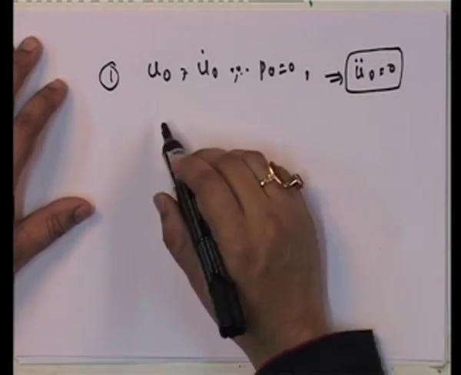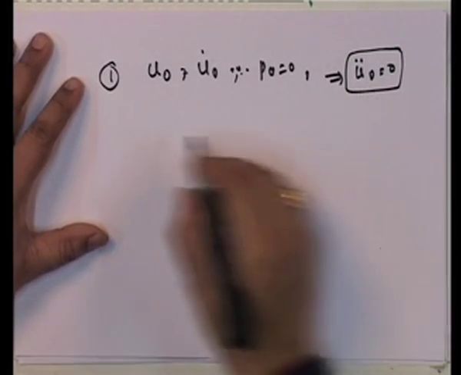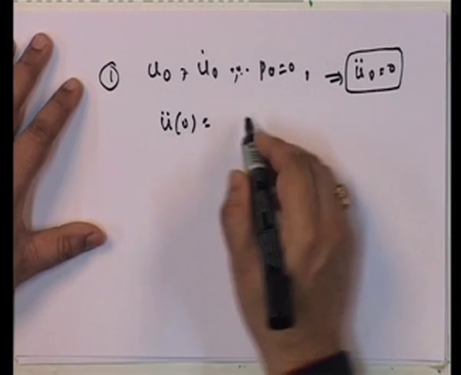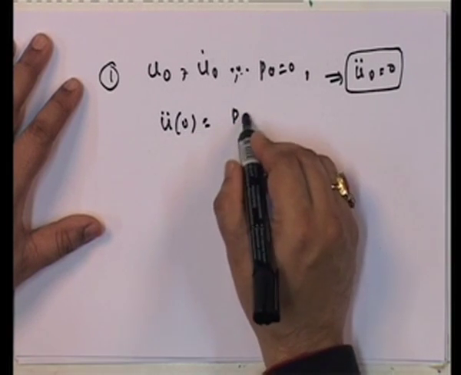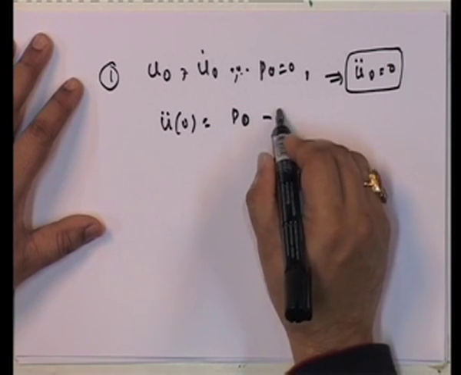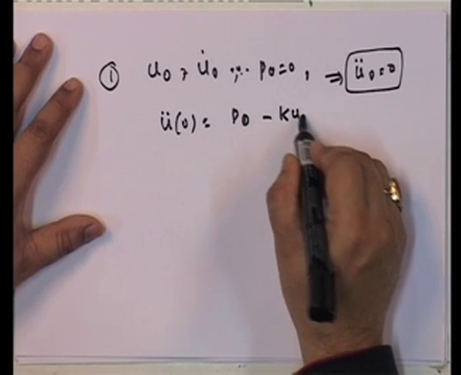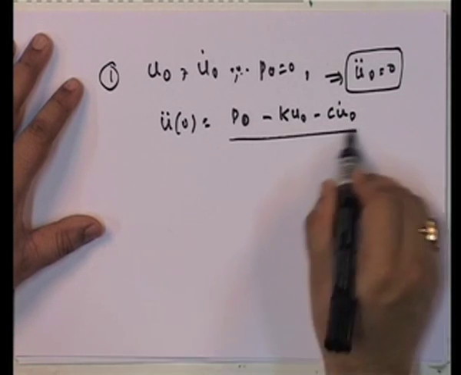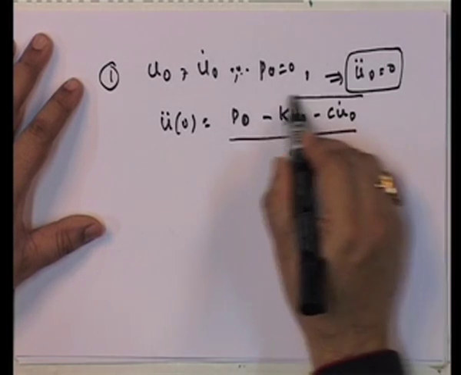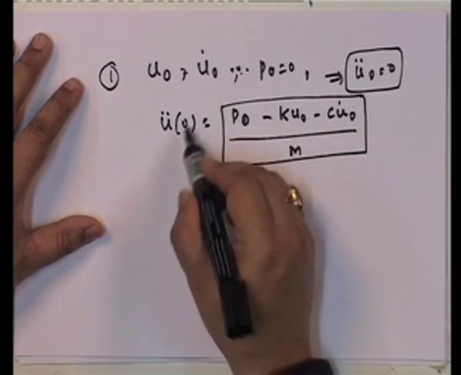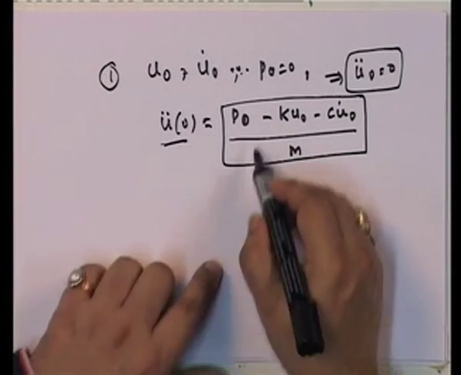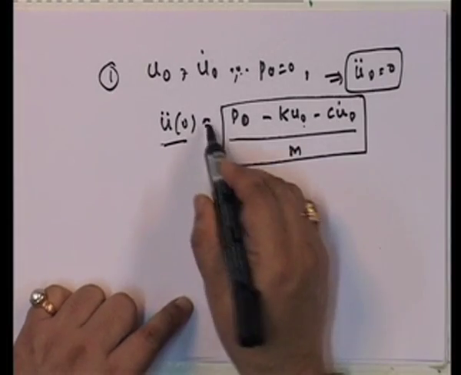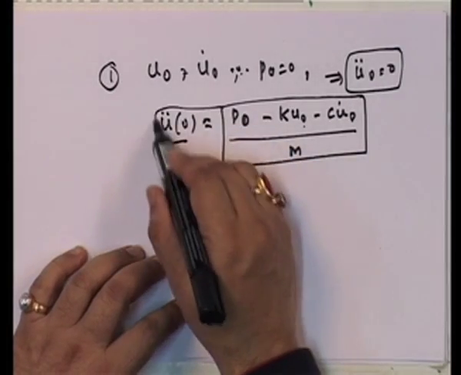If these are not equal to 0, you can always derive this, because u double dot at 0 is going to be equal to p 0 minus k u naught minus c u dot naught all upon m. You see this? I can derive this. Now, if these two are 0, then automatically this will be 0. Otherwise, I can always derive this.